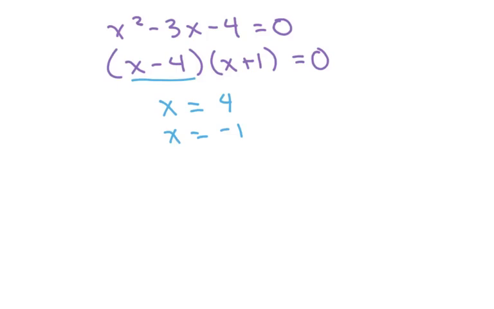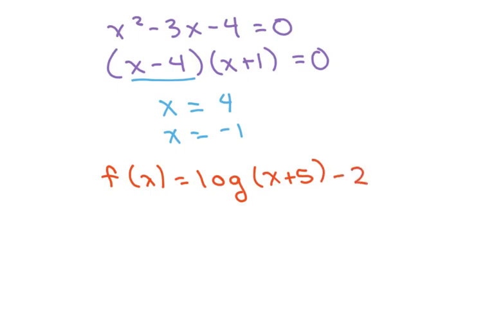Now I'm going to write down my original log equation that they gave us, and that was f of x equals log, the common log, of x plus 5 minus 2 log of x minus 1. Now, we know from previous videos that this quantity inside here, the domain, has to be greater than 0.